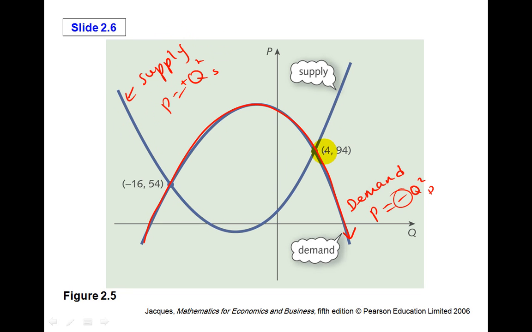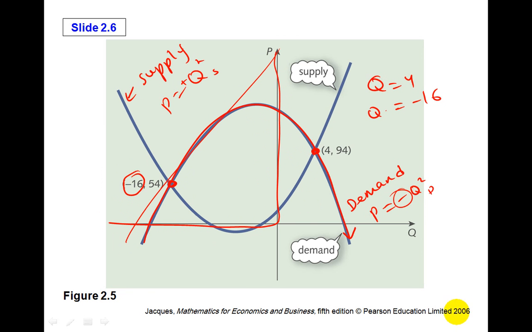So here, if you remember, I got Q equals 4 or Q equals negative 16. So on this point is the first equilibrium and this is the second equilibrium according to negative 16. But this is not a real answer because there won't be a quantity or a price in the negative in the first place.